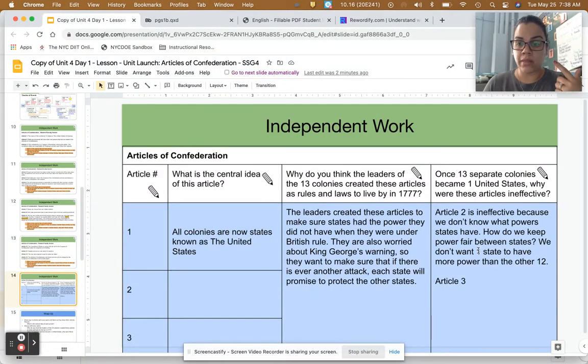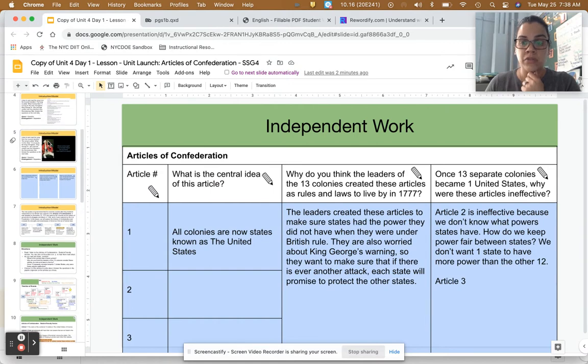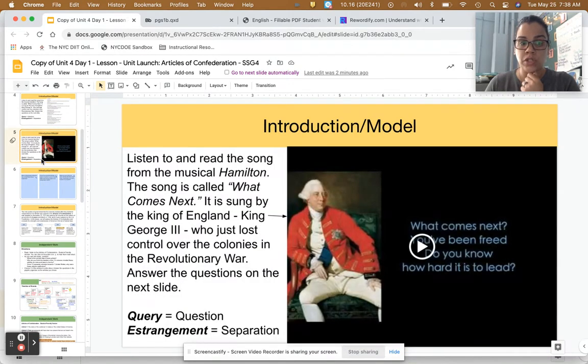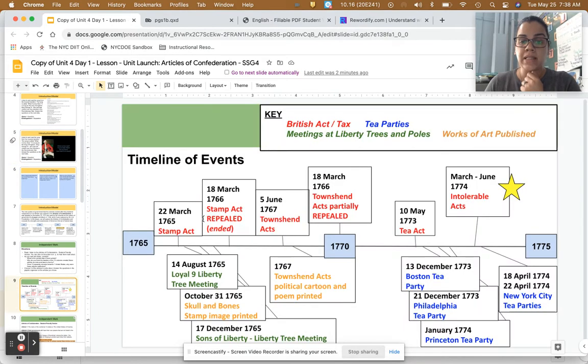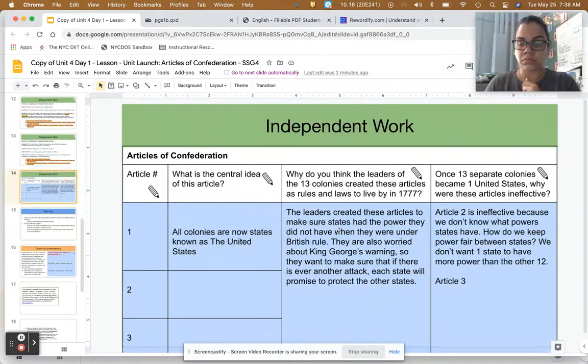Right? So in this part here, actually in both of these parts, we're thinking about some information from the introduction, King George's warning, plus everything that we know, all the events that led to the American Revolution, to help us think about why these articles were created and help us predict what challenges might come up for the United States in the future.